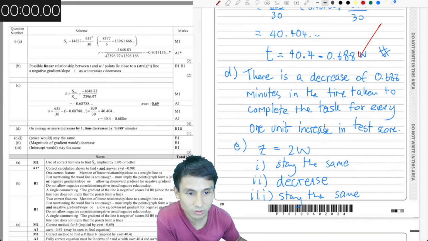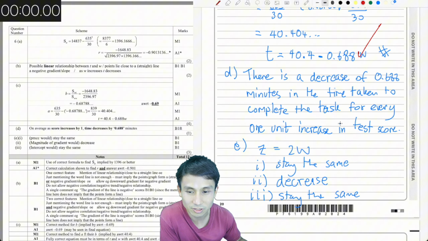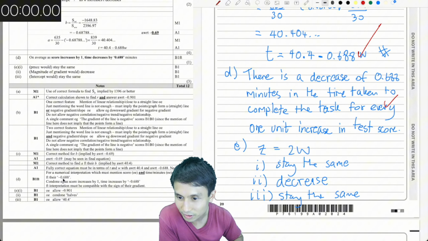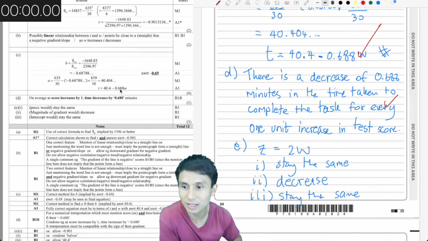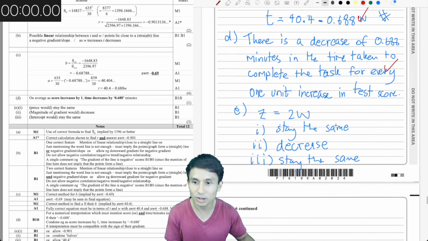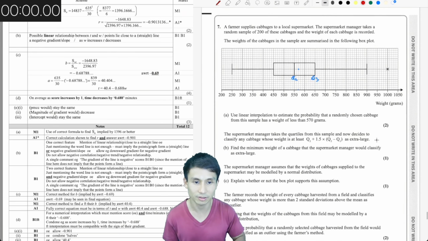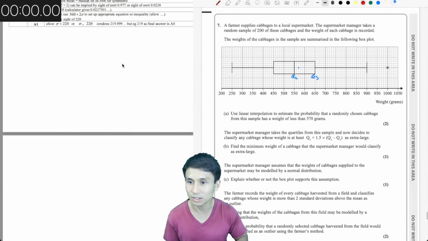Average score increased by 1 on average. Do I need that word? The time decreases by that. Let's see. For numerical interpretation, we must mention score and time. Okay, I think I get it. E1 stays the same, decrease stays the same. Good. All right.